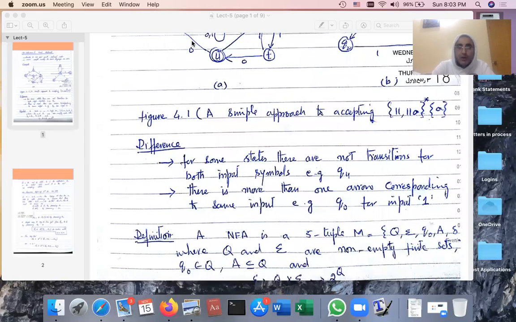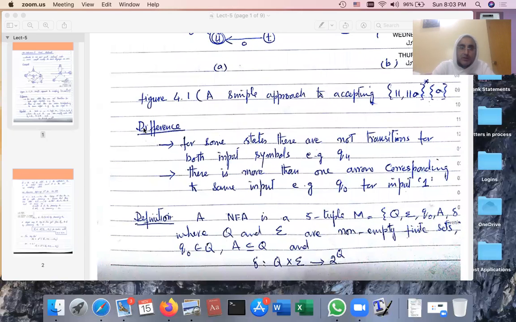Now let's move on to some other heading related to this NFA. What is the difference between FA and NFA? Number one, for some states there are no transitions for both input symbols.